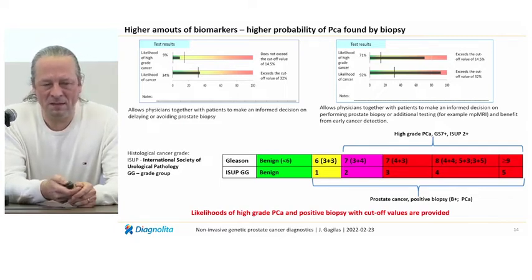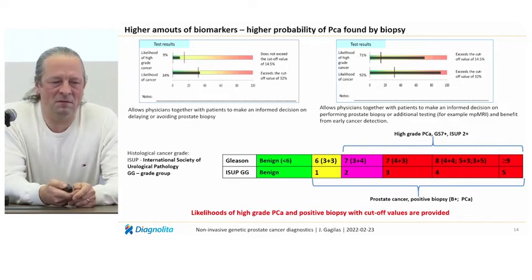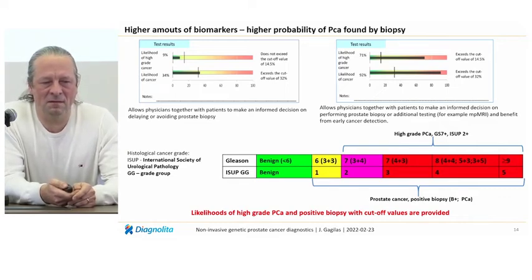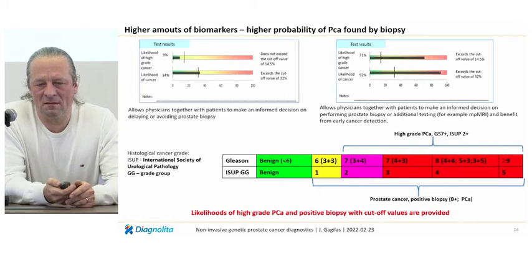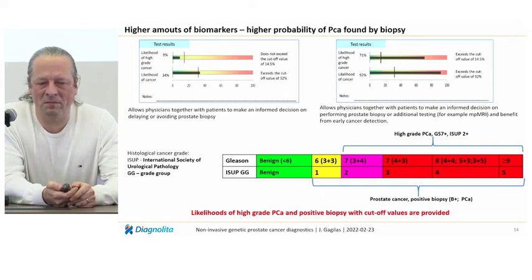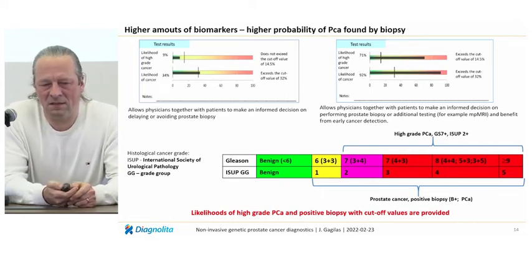On the left side, we see an example of a result where the high-grade prostate cancer likelihood is low. On the right side, we have very, very high probabilities of high-grade cancer.